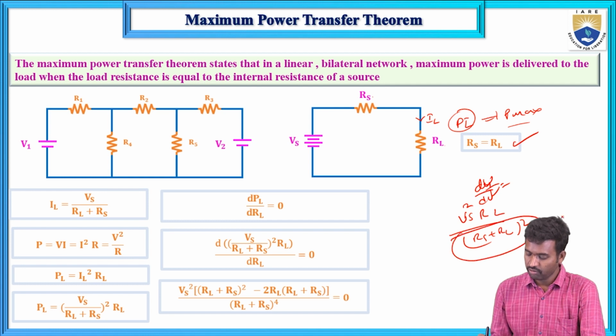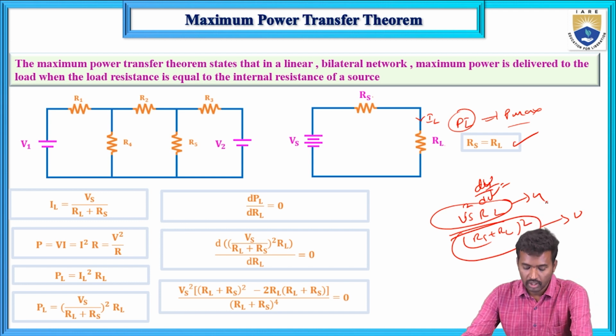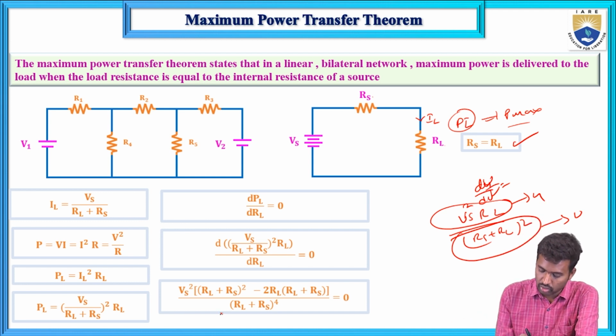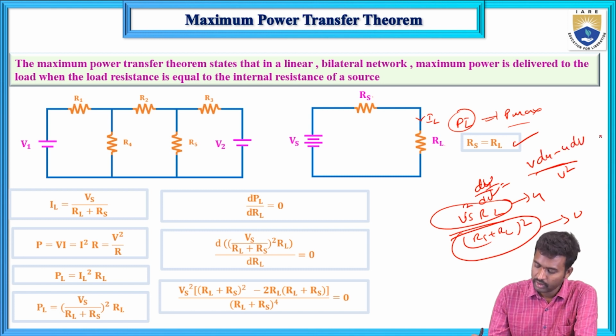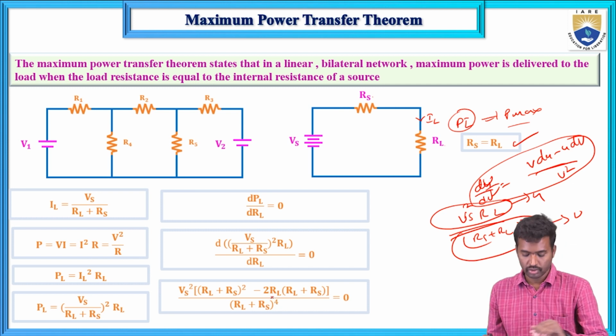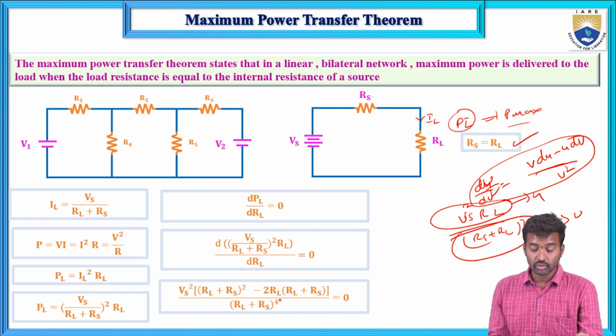This is v and this one is u. The formula is (v du minus u dv) divided by v square. So the denominator is (RL plus Rs) whole square squared, that means power 4.